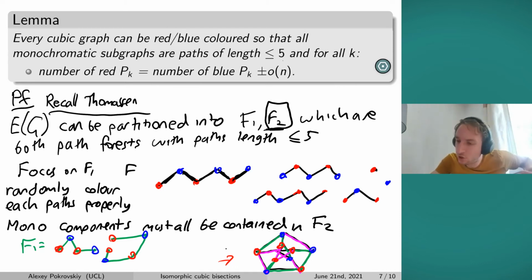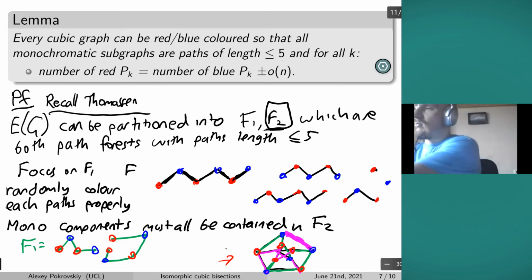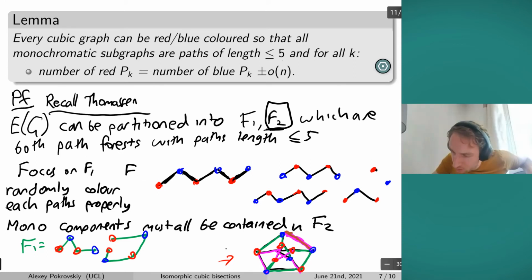And what are the monochromatic edges? Let's find them. This is monochromatic. Actually, this is another color. This is monochromatic. It's blue. This one's monochromatic. It's red, and that's it, right? And notice the monochromatic edges are all contained in the pink graph from the original edge coloring.